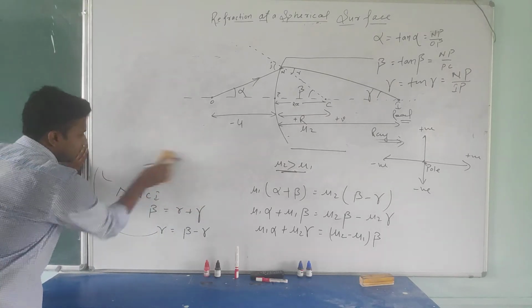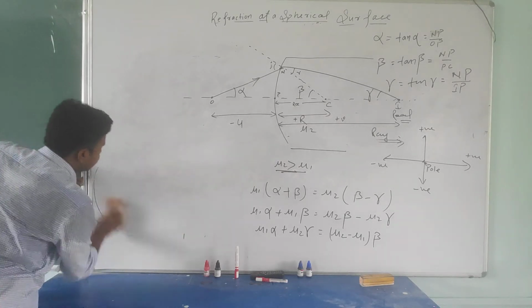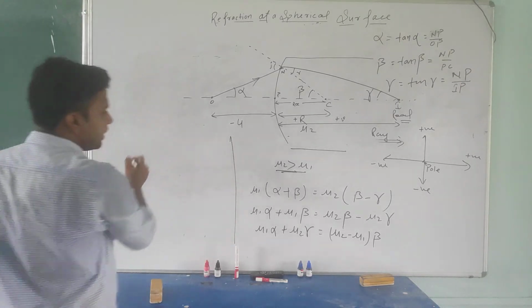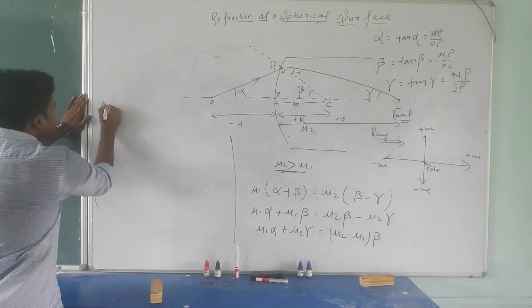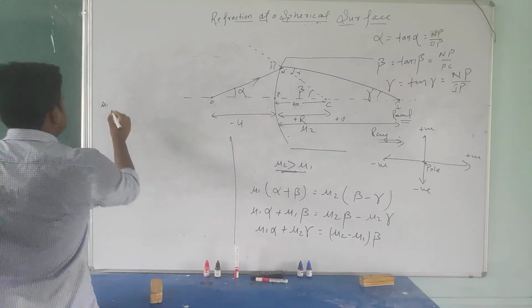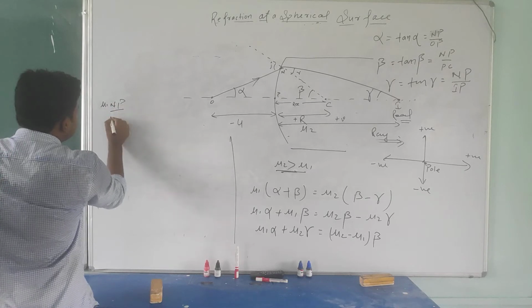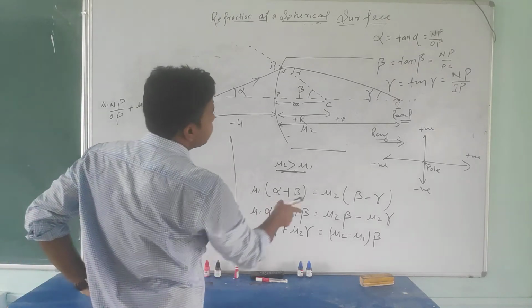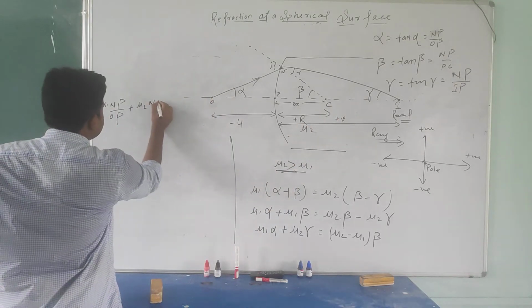The size of the board is a little bit small. So now student, I am writing here mu1 into NP by OP plus mu2 into gamma. Gamma is what student?